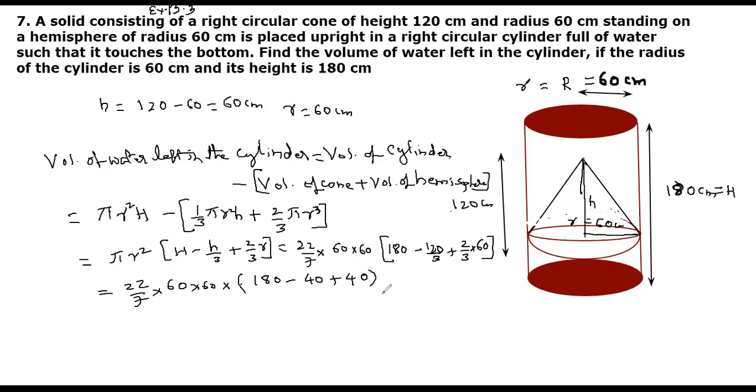So we get 22 by 7 into 60 into 60 into, because of this minus we are multiplying inside, this will become minus and this will also become minus.